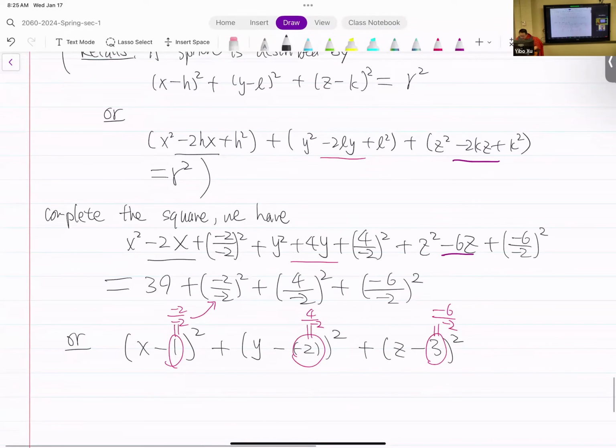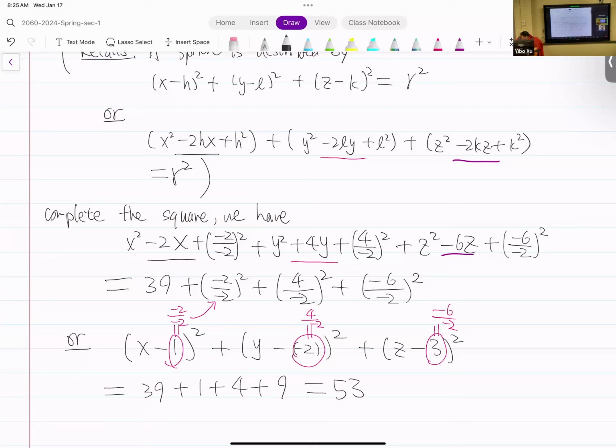And now on the right hand side, we want to also simplify a bit because these are squares and we just want to get a single number. So we have 1 squared, which is 1. We have -2 squared, that's a 4. Plus finally, we have 3 squared, that's a 9. So if you add things up, that's 14 plus 39 is 53.